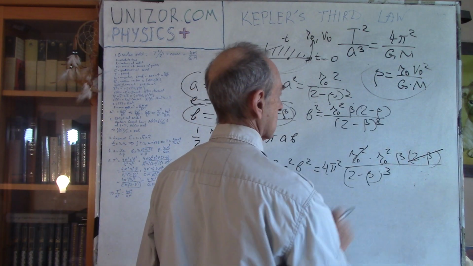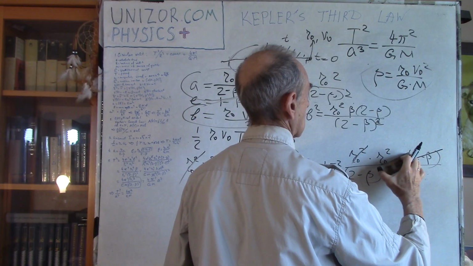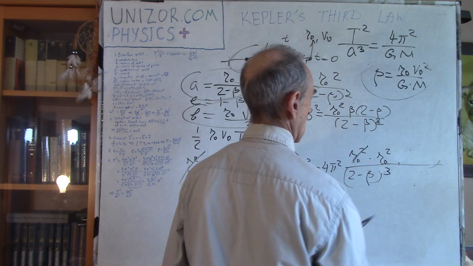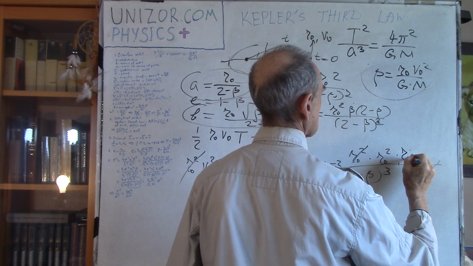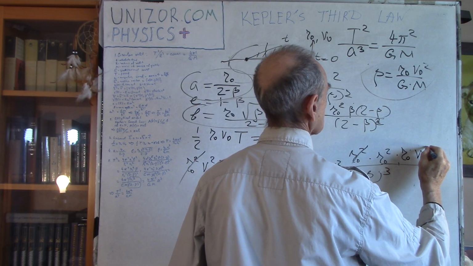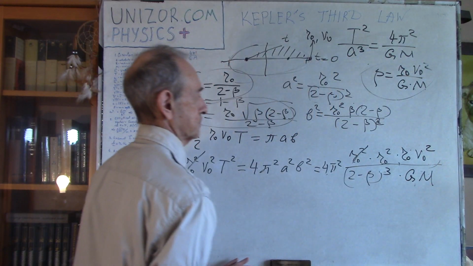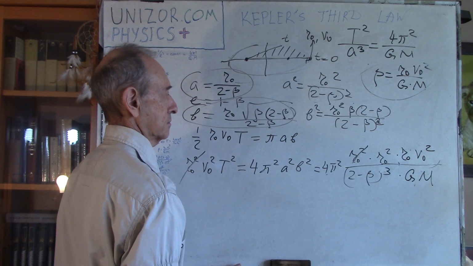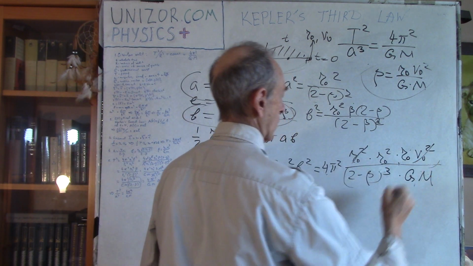Now beta is R0 V0 square divided by GM, right? Now V0 square.